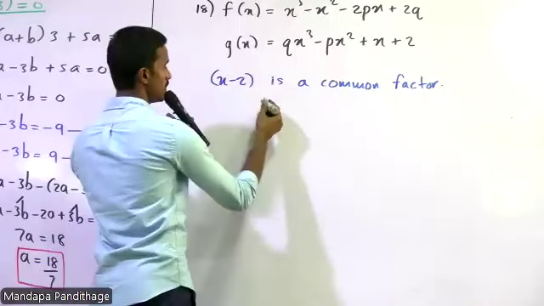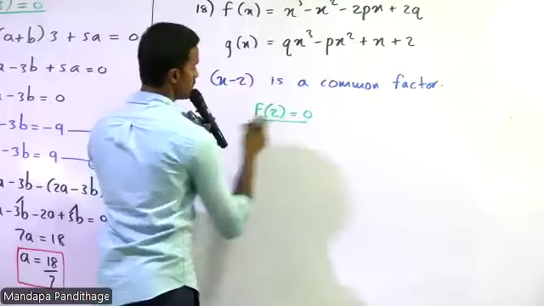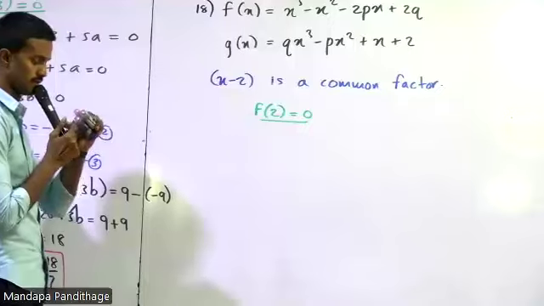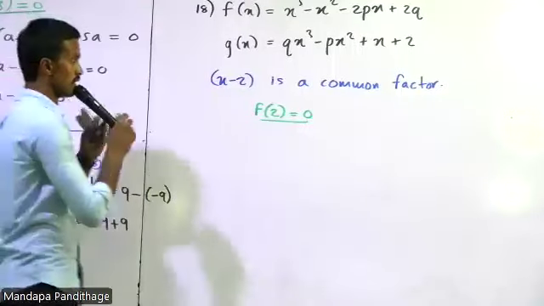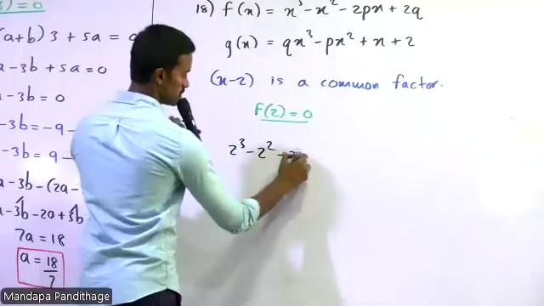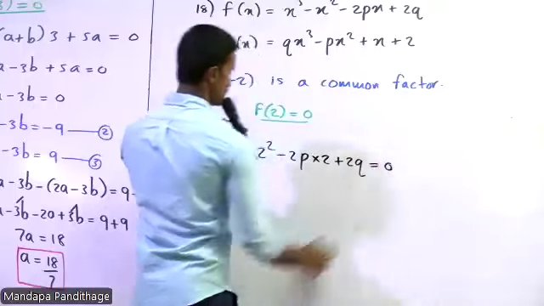So f(2) is equal to 0. Substitute x equals 2, then I get 2 cube minus 2 square, minus 2p into 2 plus 2q is equal to 0.